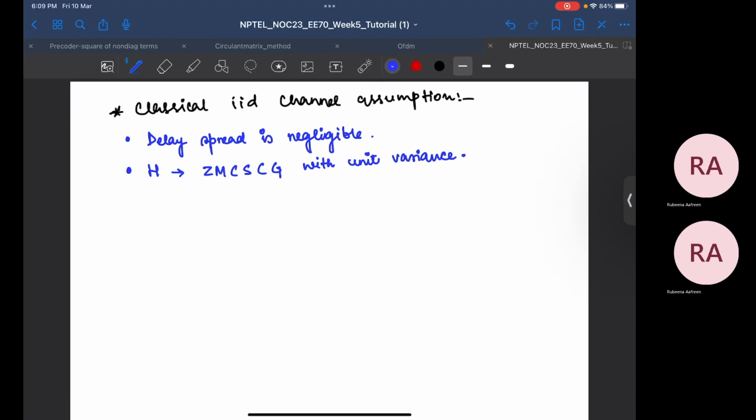Firstly, we will see zero mean. We know that H is a complex channel. H is a matrix, the channel matrix. So each term Hij has zero mean.